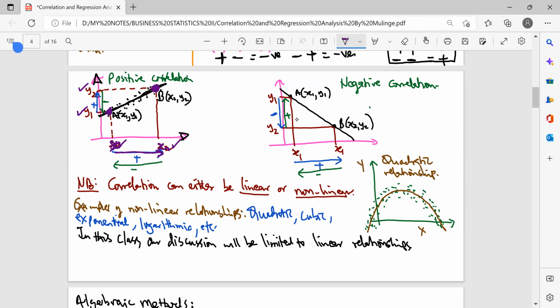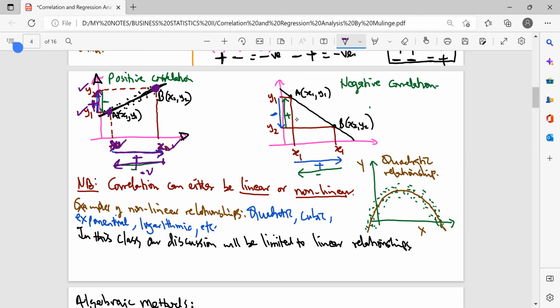The values of Y have also moved from this point to that point. So this is a positive, which gives another positive. A positive corresponding to a positive. That's positive correlation.